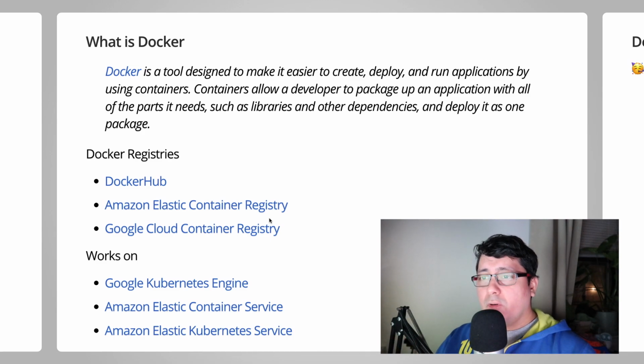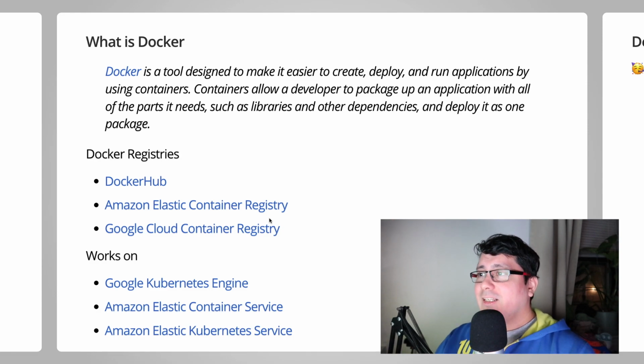At the moment, the most popular ones for Kubernetes, or a way to have images and containers and have those auto balanced, are Google GKE, which is Google Kubernetes Engine, ECS, which is Amazon Elastic Container Service, and EKS, which is Amazon Elastic Kubernetes Service. And obviously, because Kubernetes is an open source project, you can run those on premise if you want to.